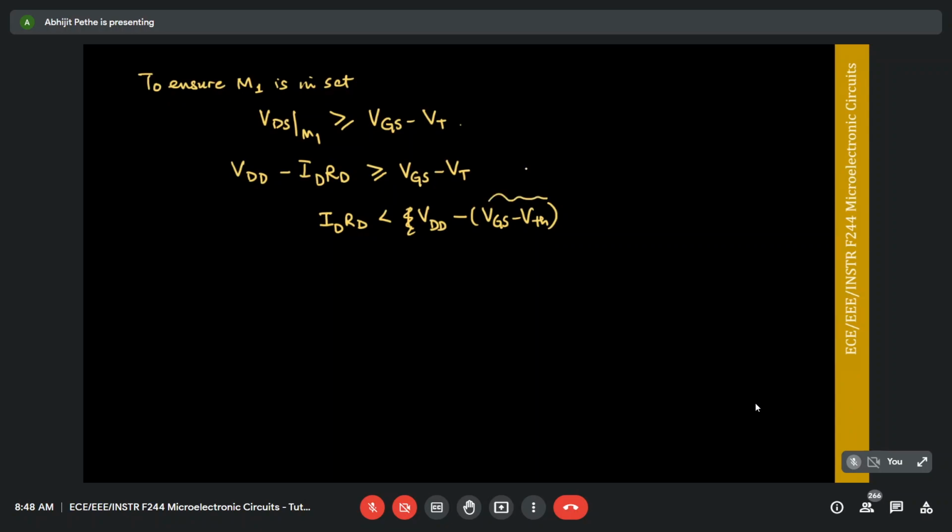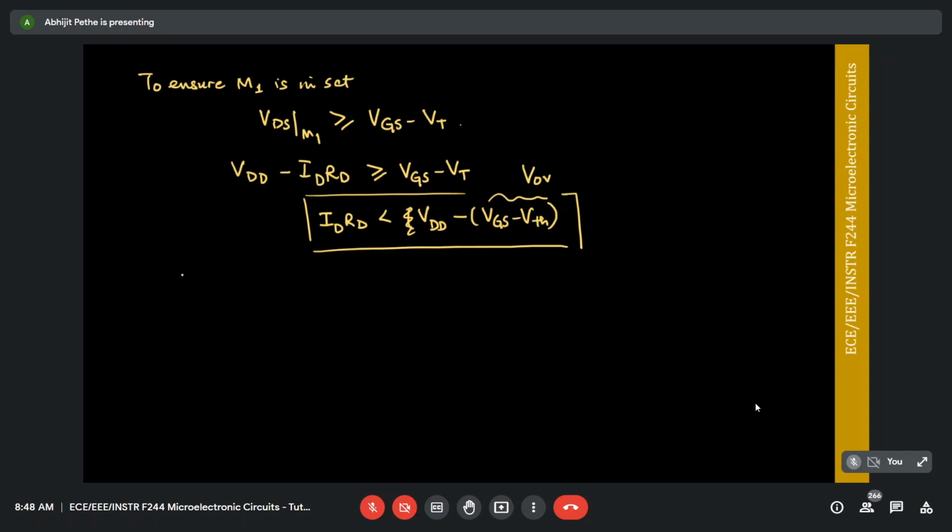And as I told you, sometimes we write this as VOV. So when you design that circuit, we want to pick the values of RD and VGS in such a way that this equation is always maintained. Otherwise, you're not going to ensure M1 is in saturation, which means you're not going to get the high gain.